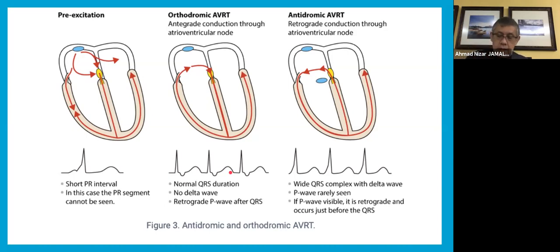Now, there is another rare condition, seldom seen spontaneously, probably less than 5% of cases, an antidromic tachycardia, where it actually goes down the accessory pathway and then up the normal conduction, down the right bundle, up the His bundle, retrogradely through the AV node, and then goes the other way. So that is called an antidromic tachycardia.